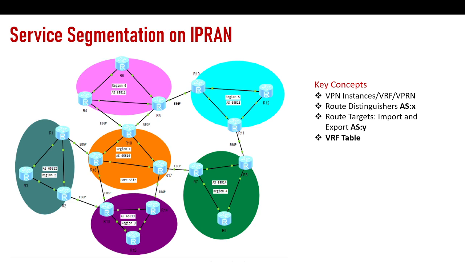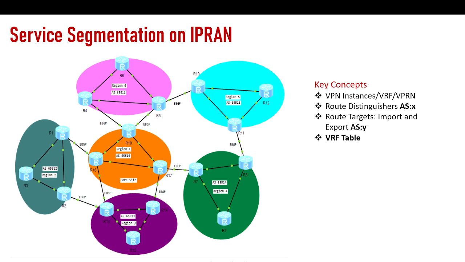And then we have the route target. We have mentioned that we need to ensure that we have route exchange between different PEs and even between similar VRFs. So what we do is we use route targets to control the import and export of the routes.